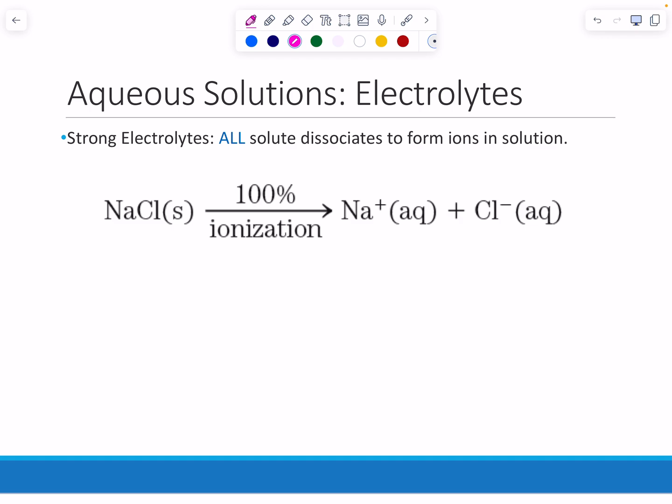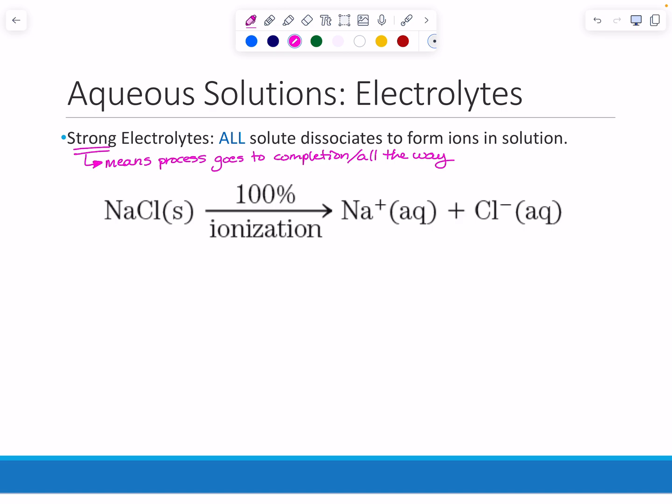So strong, whatever it is, means the process goes to completion, all the way. So we'll talk about acids being molecules that lose protons. In strong acids, every molecule that I put in solution is going to lose a proton, whereas a weak acid would be maybe only half of the molecules lost a proton.